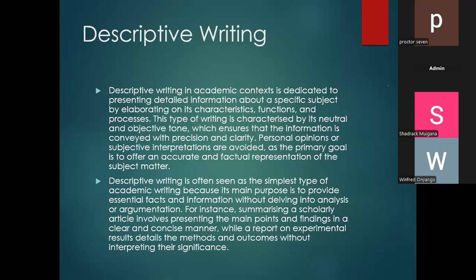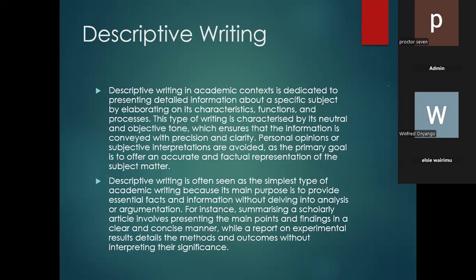If you want to describe Google Meet, for example, you just describe the different functions and features of the Google Meet application. And you stop there. You don't argue. In descriptive writing, there is no argument. You simply relay information about a particular feature or a particular thing you are talking about.